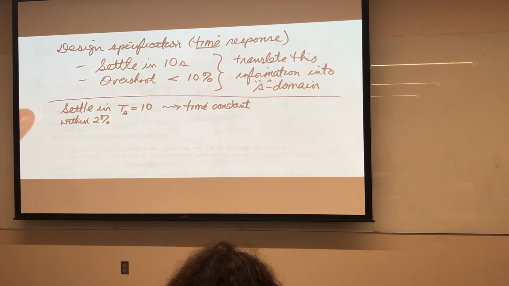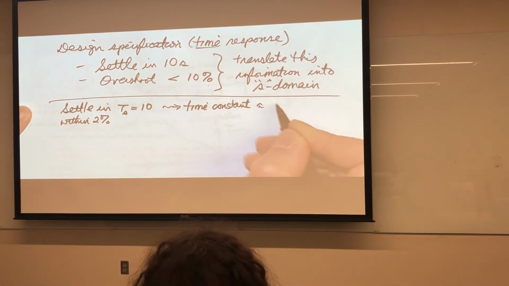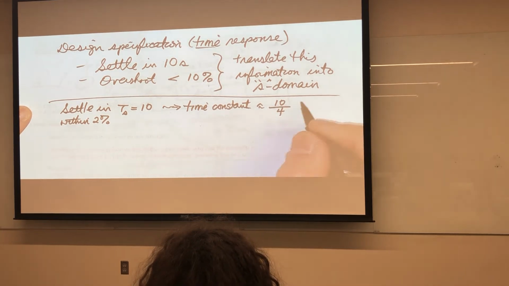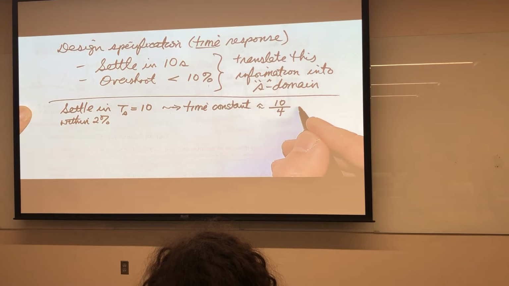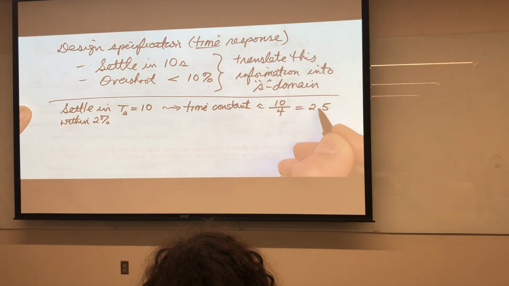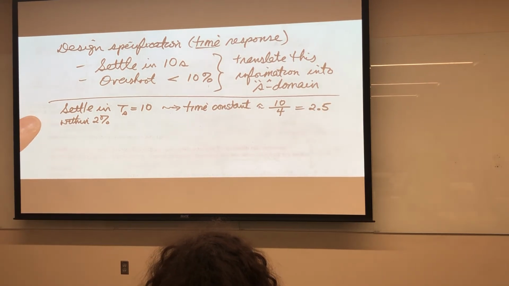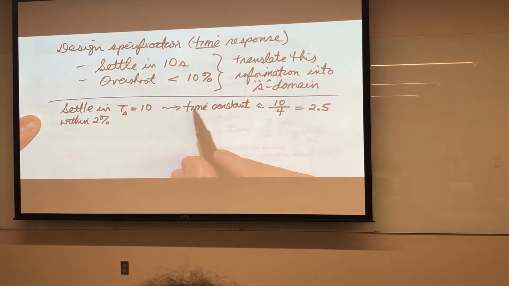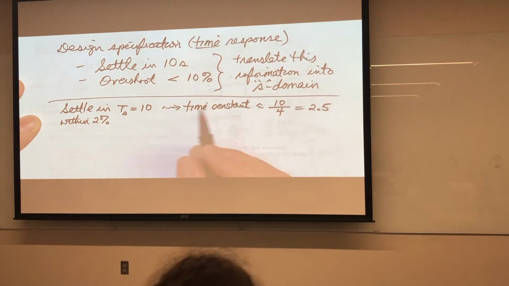So the time constant should be approximately 10 over 4. That's 5 over 2. That's 2.5. So that's the time constant. If we know the time constant, then we know what the real part of the second order poles would be.